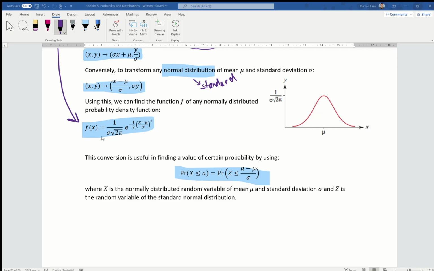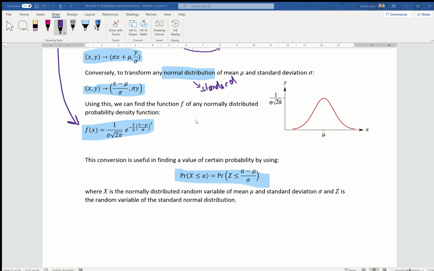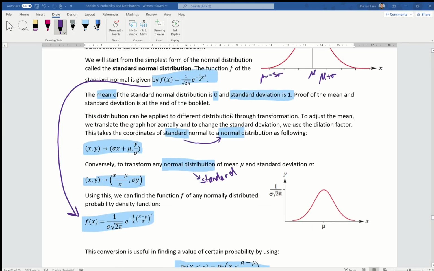So I'm going to type in our standard normal distribution, as a fraction, 1 over root 2 pi, multiplied by e to the power of negative a half, multiplied by x to the power of 2.